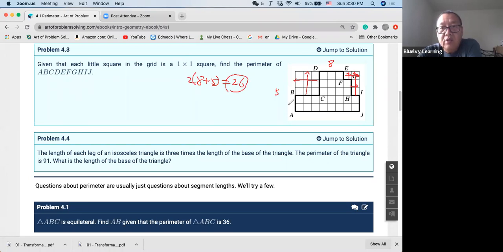You know, in a lot of math competitions, they give you a very weird shape. Then they ask you for its perimeter. Actually, that will equal the perimeter of a regular shape.